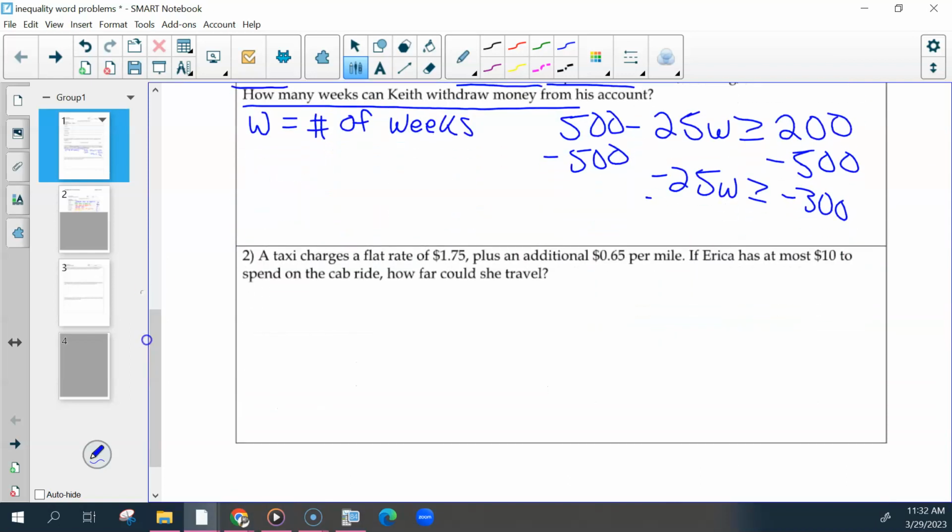Divide both sides by negative 25. Your sign is going to change. And what would that number be? So because the sign changed, that means he cannot withdraw money more than 12 weeks. Because if he withdraws money the 13th week, he won't have the $200.